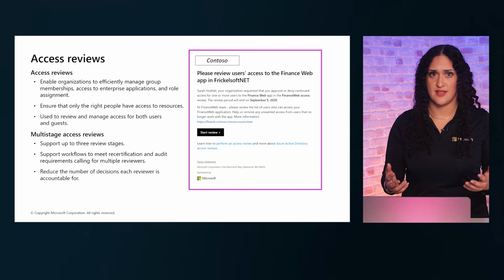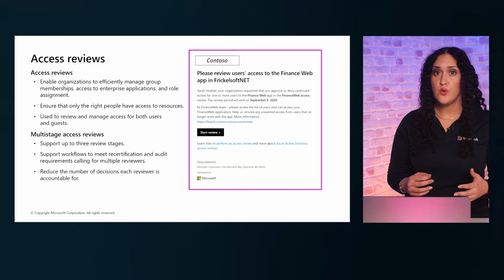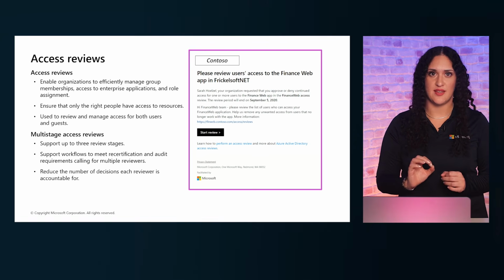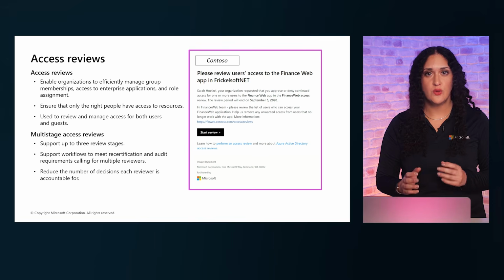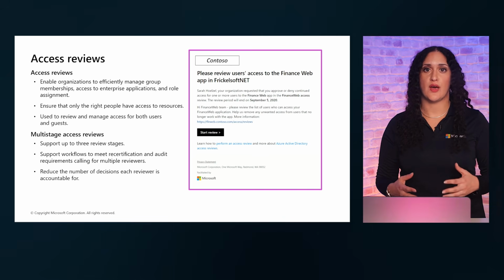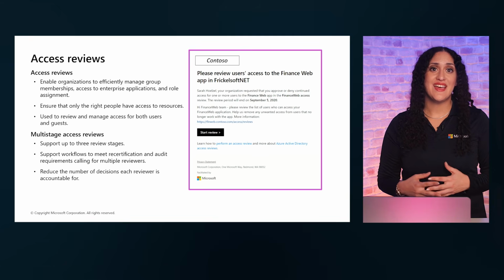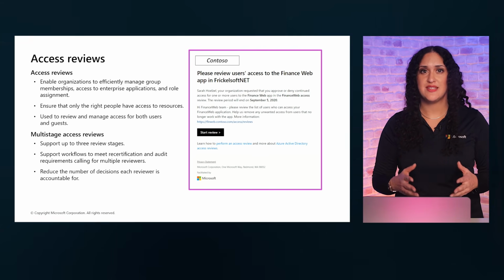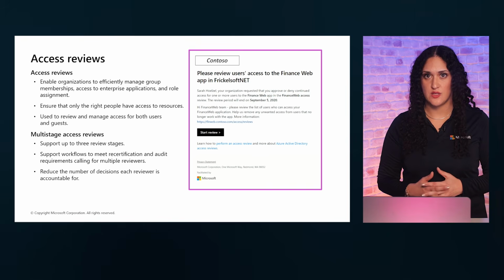Instead of assuming access is still valid, reviewers are prompted to approve or deny continued access, helping ensure that only the right people retain the permissions to sensitive resources. This is especially useful when employees change roles, contractors leave or change, or guest access should expire, all common scenarios that can otherwise lead to overprivileged accounts.